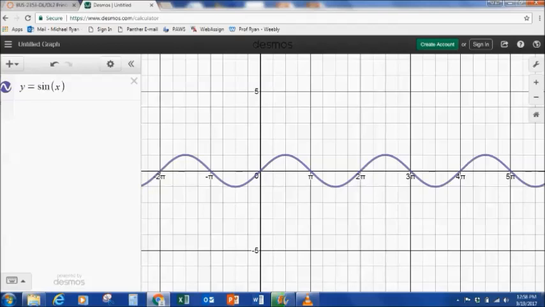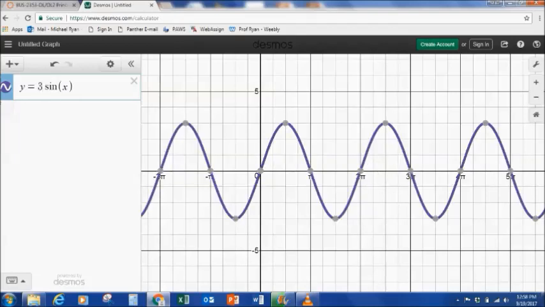The first kind of transformation is where we multiply sine by a number in the front. So instead of having sine of x, we have 3 sine of x, so 3 times sine of x. And as you can see, what that does is it makes the graph go higher and lower. It doesn't change where the zeros are, it just makes the graph swing higher, with a higher maximum and a lower minimum.